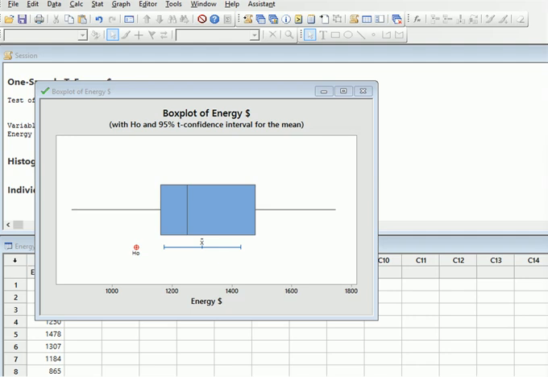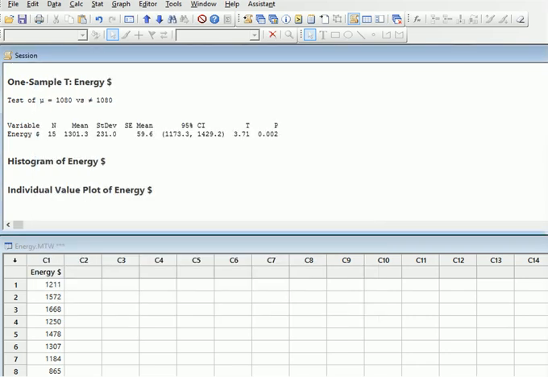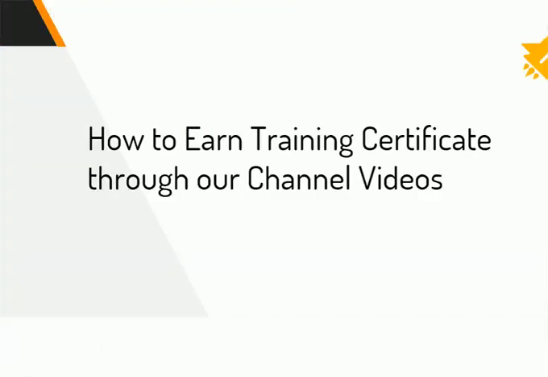So this is how you can calculate a one sample t-test in Minitab. The one sample t-test can be changed according to your values, and you can do it by working in Minitab. So this video was up to here.